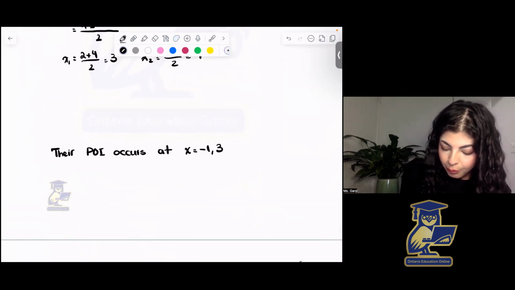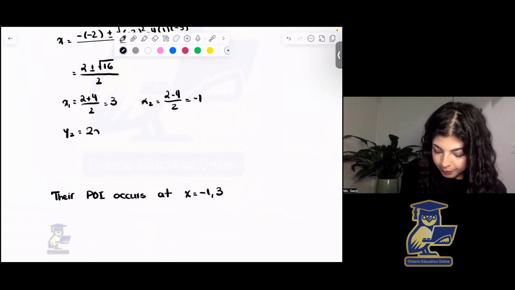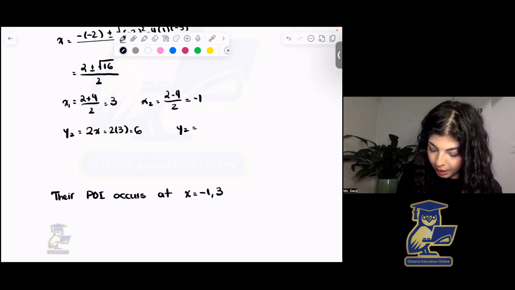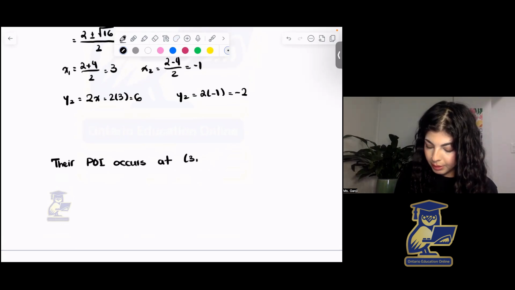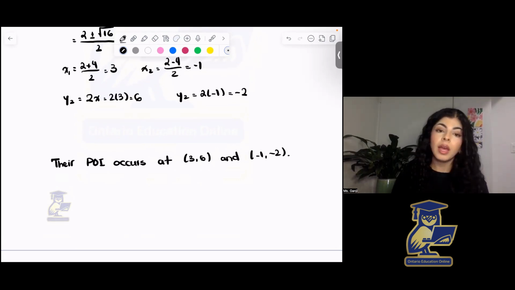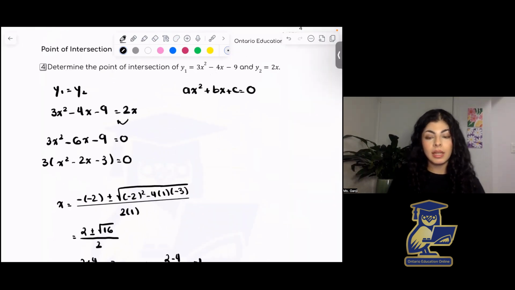We're going to have for this x, and for this one, we have, and so their point of intersection would be at 3, 6, or at -1, -2. And you can try plotting both of these points on Desmos and see that they do intersect at these 2 points.